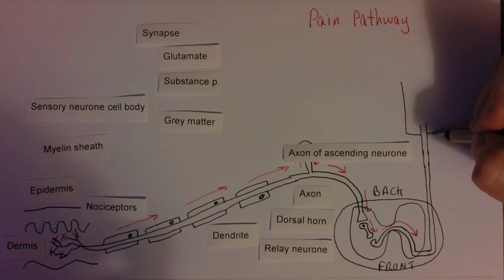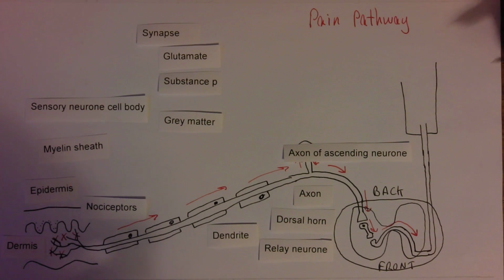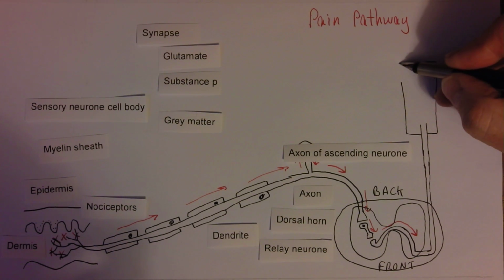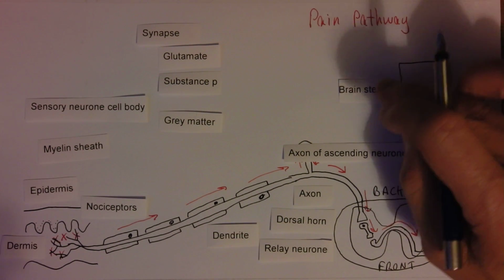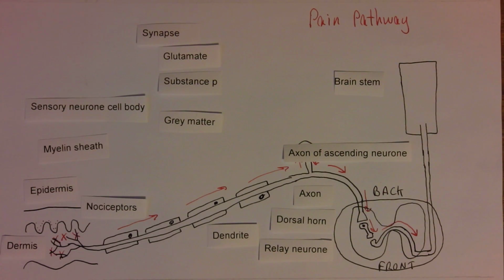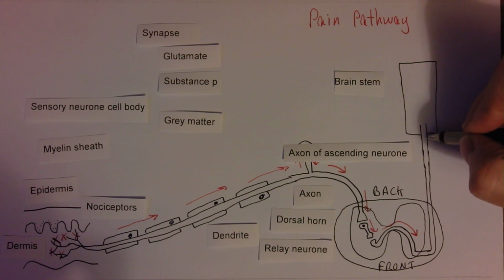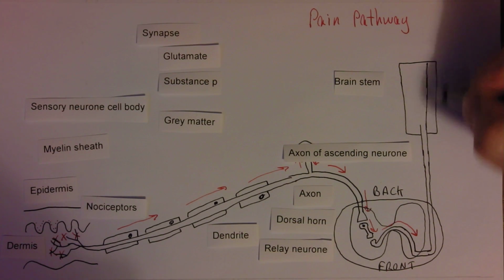So here we have the brain stem, the lowest part of the brain. The bottom part of the brain. This is brain stem. Midbrain, pons, medulla oblongata. And it's going to go up this side of the brain stem.